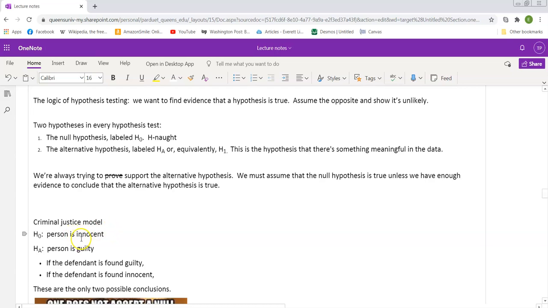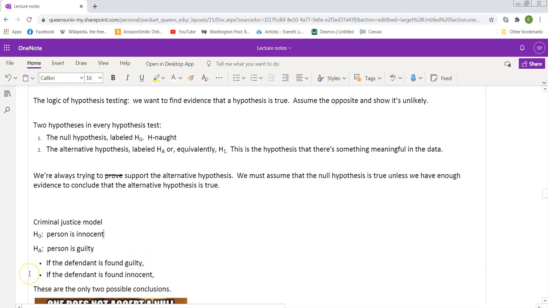So this is H naught, unless, not proven HA, but H naught unless there's enough evidence to conclude HA. The null hypothesis is innocent because that's just what we're assuming, unless we have enough evidence to show guilt, which is kind of the point of a criminal justice trial, to try to prove the person guilty.